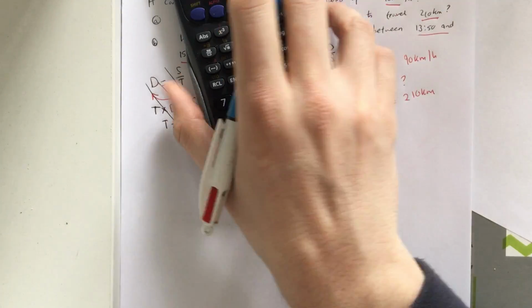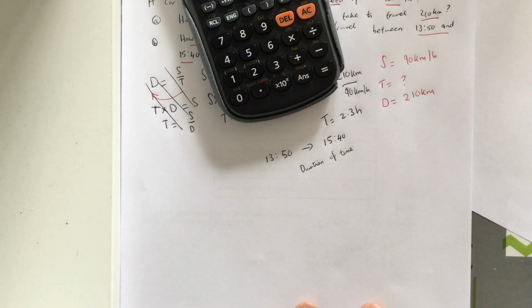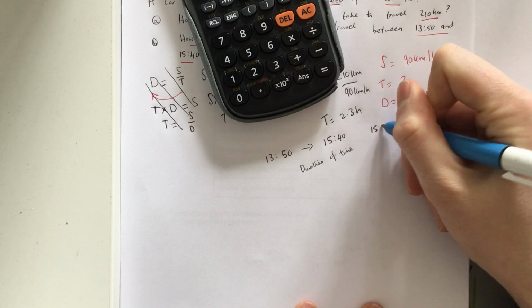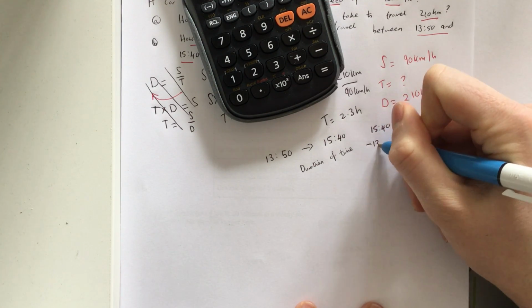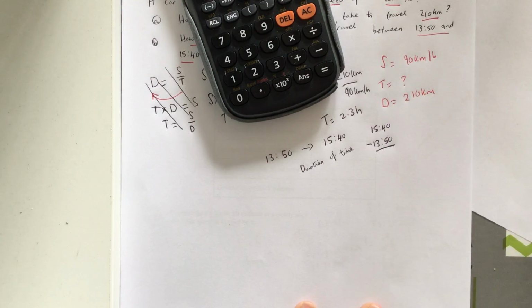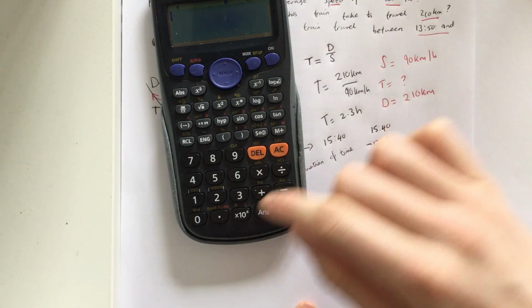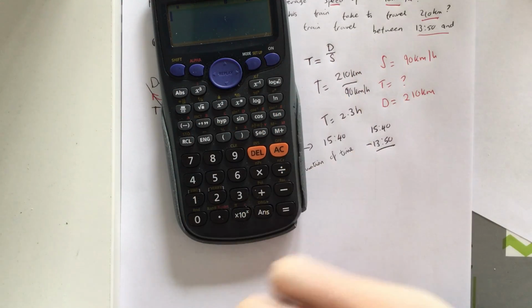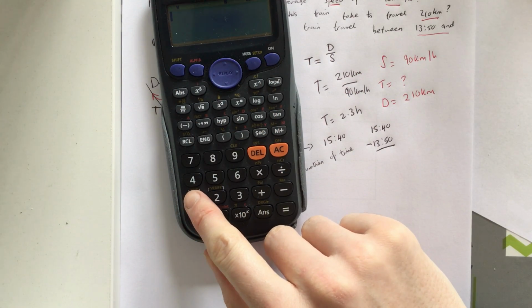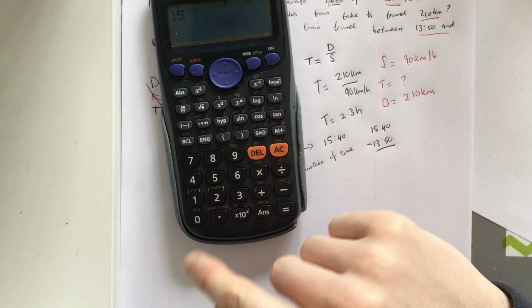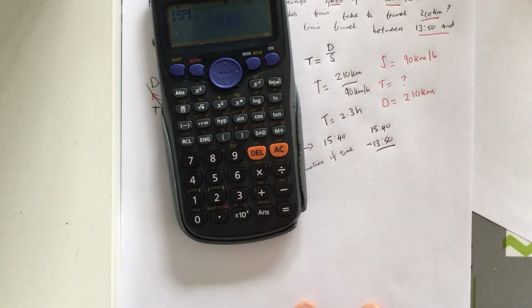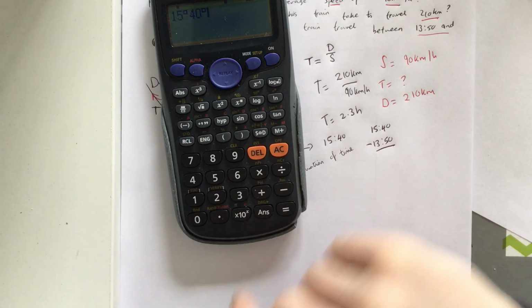When you're doing a time calculation, it's a good idea to use your calculator. So we do 1540 minus 1350. There's a button on your calculator which is designed to deal with this, and it's this button here. You're telling the calculator that this is a time calculation by clicking this button. 15, click the button. 40, click the button.